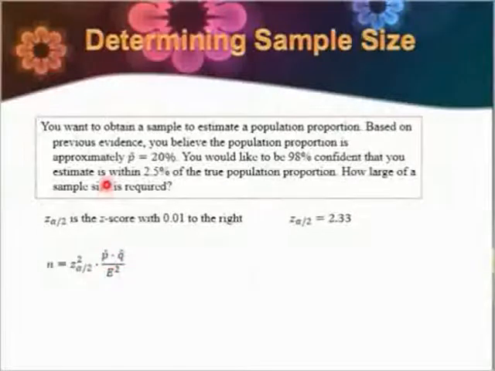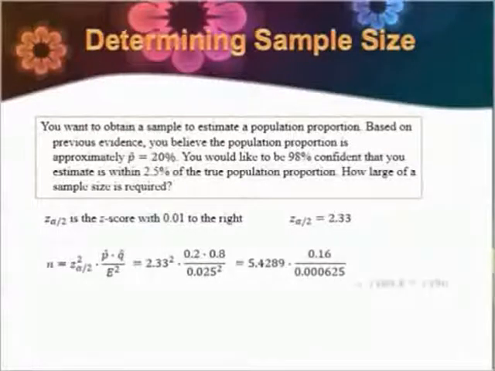My margin of error is going to be 2.5%, or in other words, 0.025. Plugging all this in, and be sure to square what needs to be squared, that is, square the critical value and square the margin of error, I get that we should sample 1,389.8 people, which I'm going to round up to 1,390.